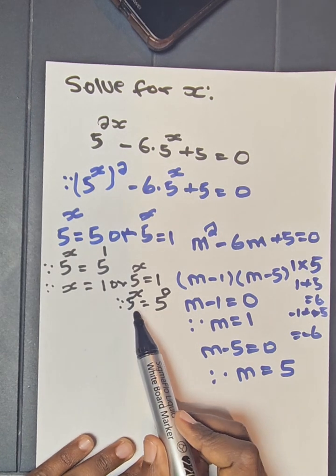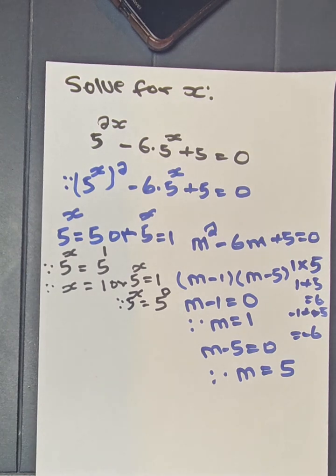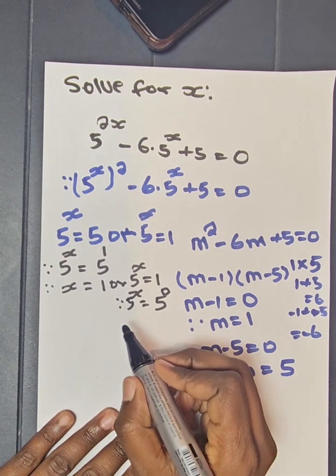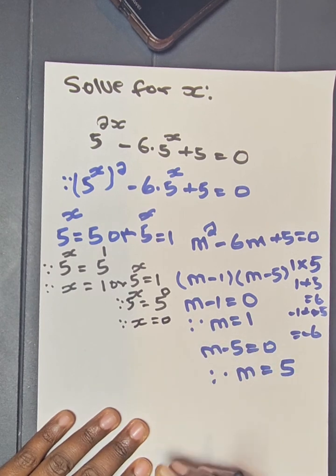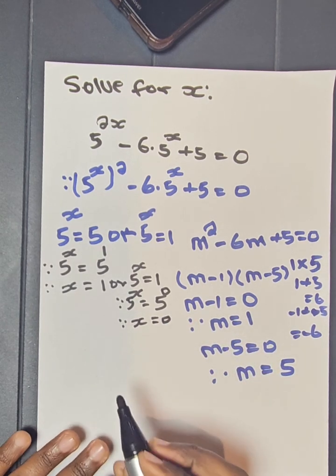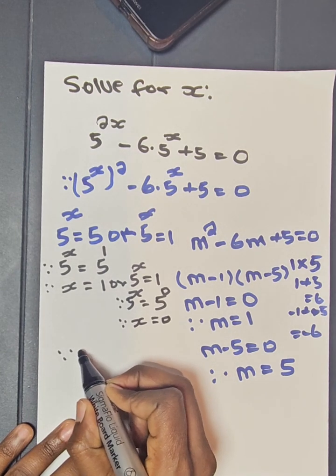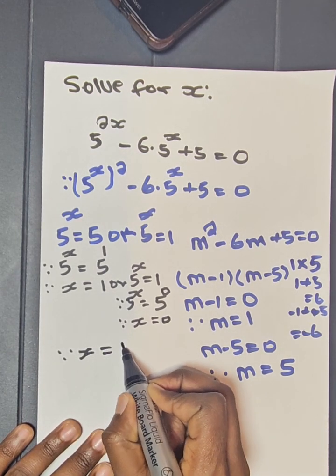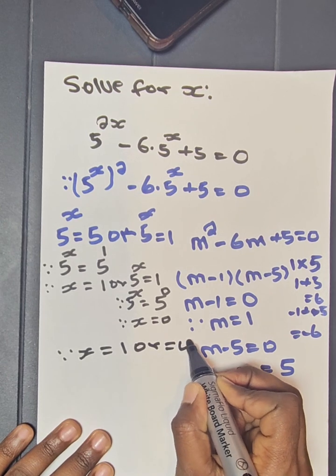Now we have the same base, power equal to power. So what do we need? Drop the bases. Therefore, x equals 0 for m equals 1. So now, our solution for x is x equals 1 or x equals 0.